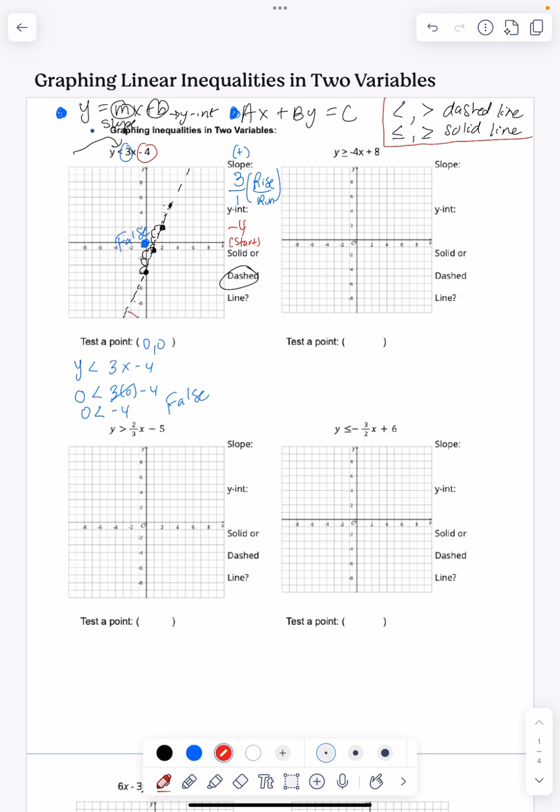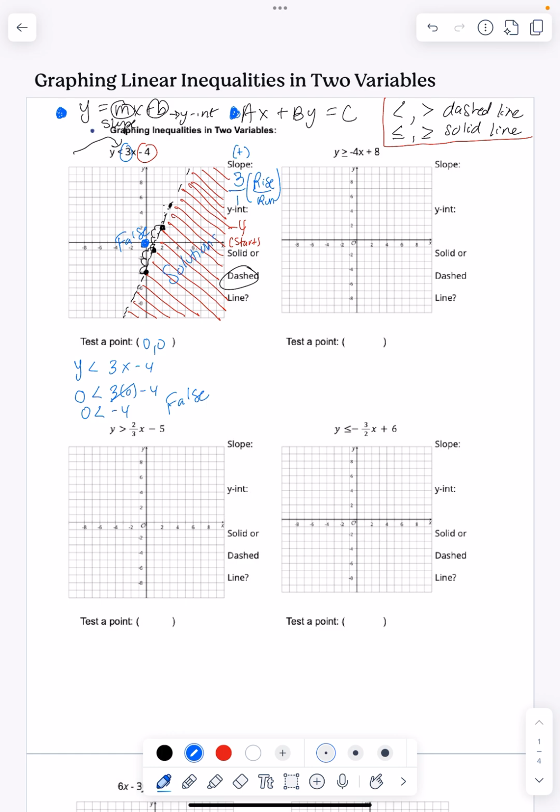But us shading this side, that means that all the values to the right-hand side of this boundary line, the dashed line, that means that all these values that we're putting here in red are all solutions.